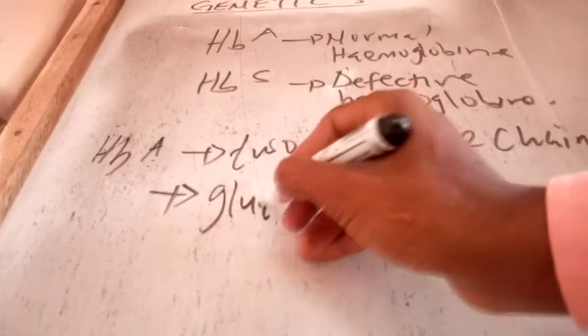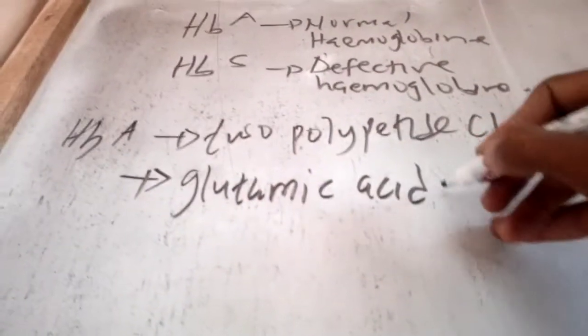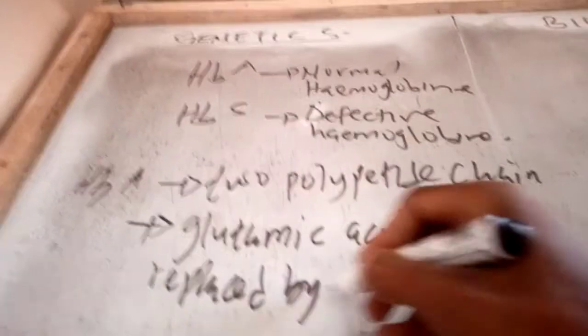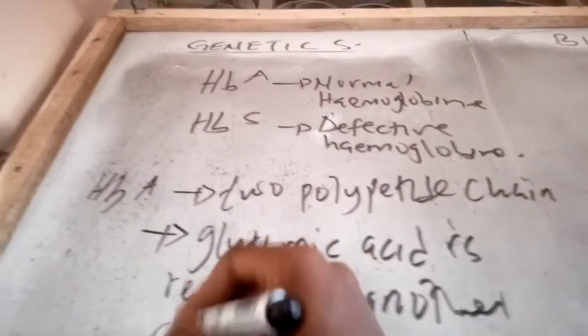The hemoglobin found there is defective, and in the sickle cell condition, one of the amino acids normally found in the polypeptide chain, glutamic acid, is replaced by another amino acid called valine.